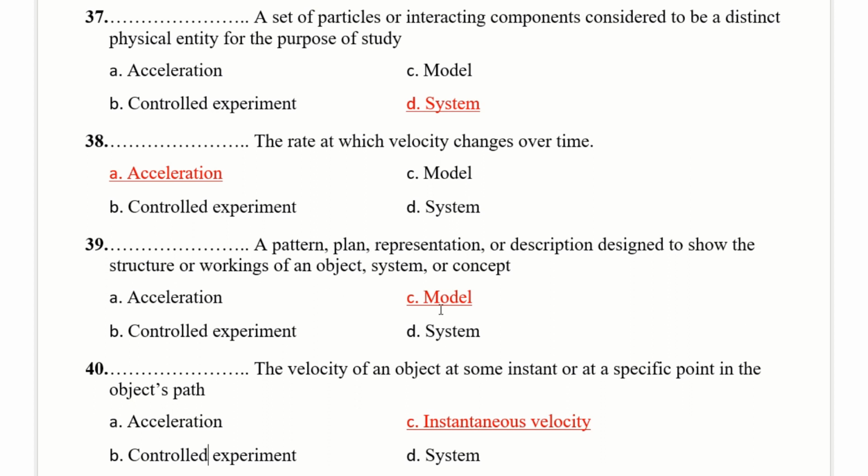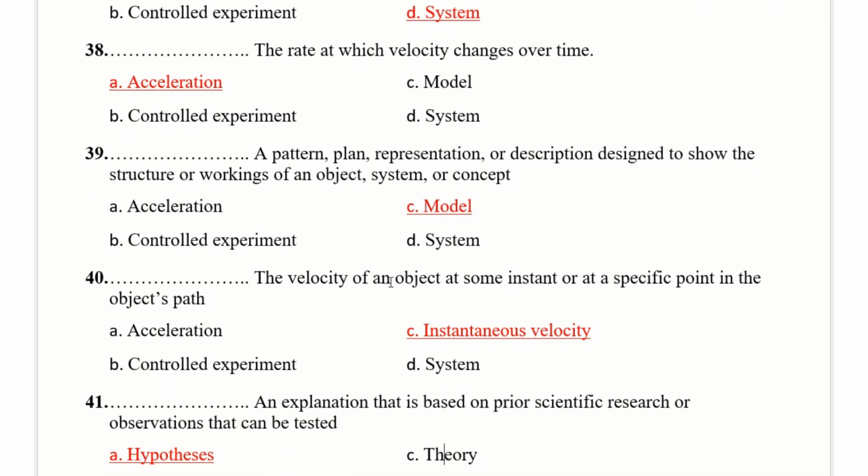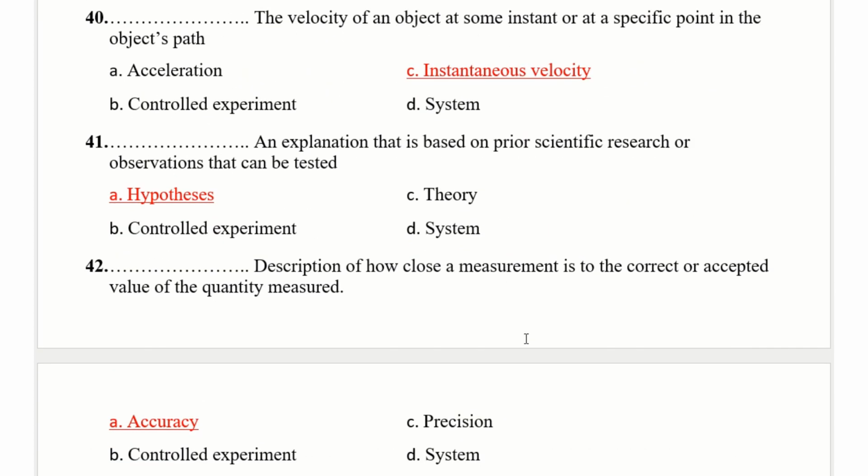It is a model. Okay, the velocity of an object at some instant or at a specific point in the object's path is what? Instantaneous velocity. Okay, an experiment that is based on pure research or scientific research or observation, it will be hypothesis, the definition of hypothesis.